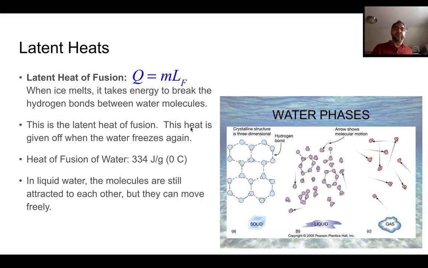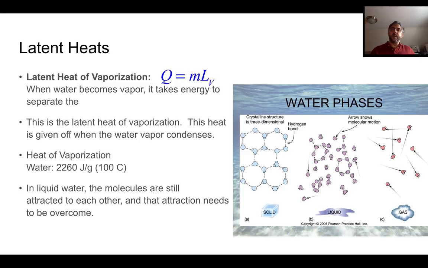By the way, if I want to melt it, I need to put in 334 joules per gram. If I want to freeze a gram of water, I need to take that heat out. I need to take that energy out somehow and remove it. Notice that once the water is melted, the molecules can still form temporary bonds, but they aren't permanent and they can move pretty freely.